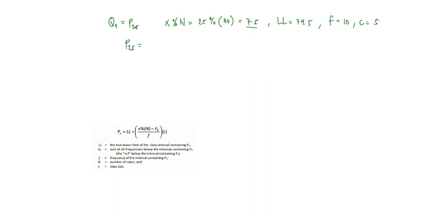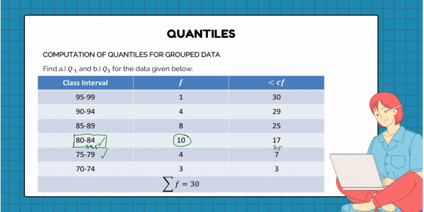So, substituting the values, your LL plus X percent of N minus F sub B, divided by F, times C, would be LL is 79.5 plus the X percent of N, which is 7.5, minus, wala pa pala tayong frequency nito, or F sub B. That's the sum of all frequencies below the interval containing P sub X. So, ano yung mga below ng ating 80 to 84?